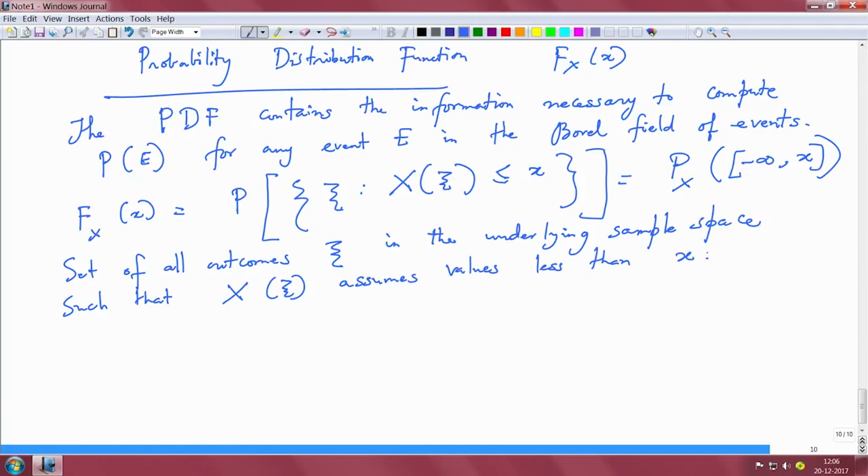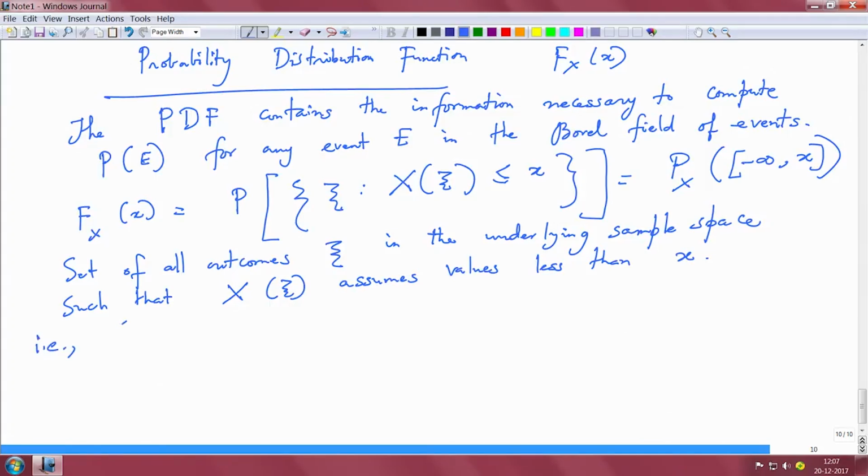I give some small x and I want to figure out, under the mapping X, the set of all outcomes zeta such that X of zeta is less than or equal to that chosen quantity.